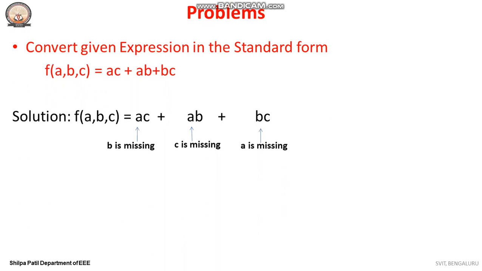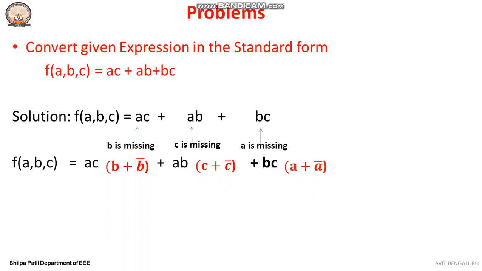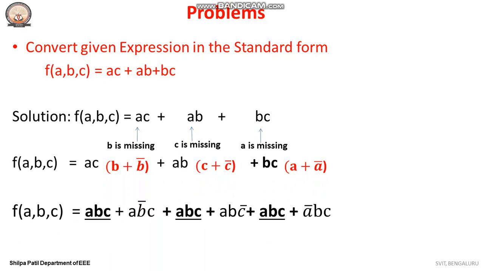Now I have to AND with the terms, right? For the first product term, I have to AND with B plus B bar. For the second, C plus C bar. And for the third, A plus A bar. Now we will expand this expression using the distributive law. Then we will get the expression ABC plus AB bar C plus ABC plus ABC bar plus ABC plus A bar BC, right?